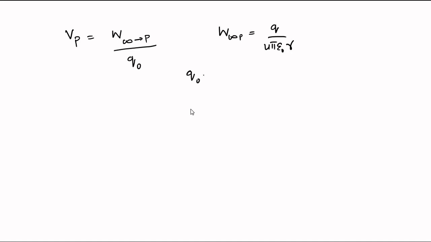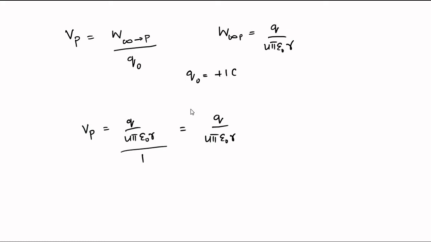Test charge is positive 1 coulomb. So Vp will be q by 4 pi epsilon 0 r divided by 1 coulomb, which is simply q by 4 pi epsilon 0 r.